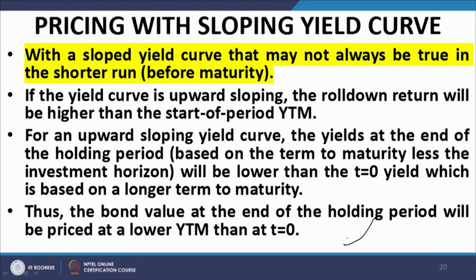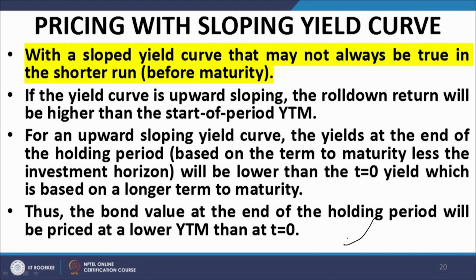So, now suppose we are encountering a sloping yield curve, that is, let us say it is an upward sloping yield curve. So, short maturity rates are less and long maturity rates are more. The yield curve is of this form.